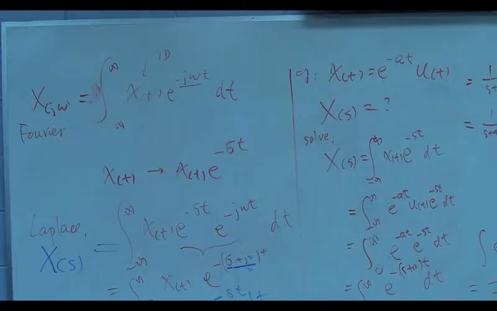For example, e to the negative 5t. When t equals infinity, what is this value? 0, right? Because this is exponentially decreasing. When t goes to infinity, that equals 0. So 1 minus 0 equals 1. So that equals this when s plus a is greater than 0.